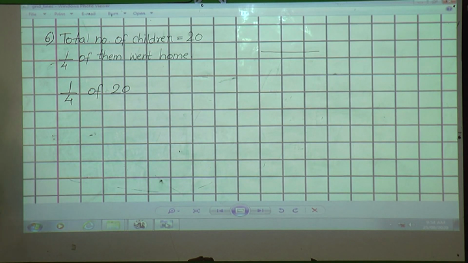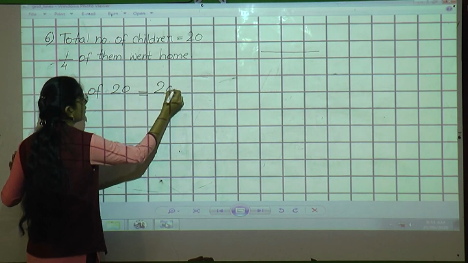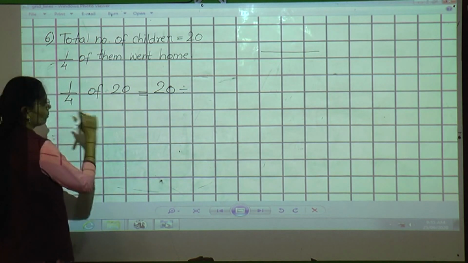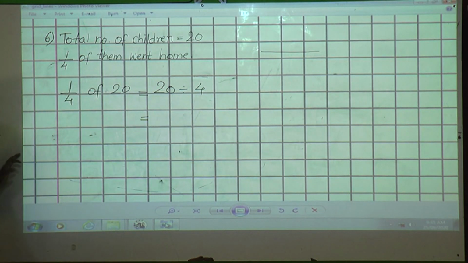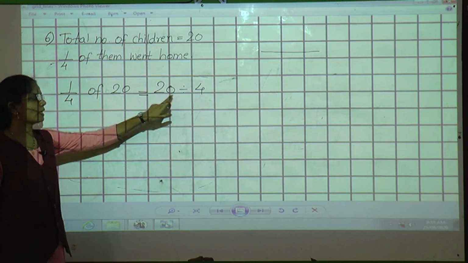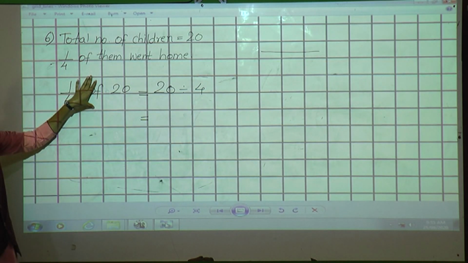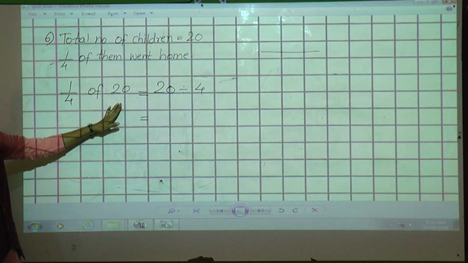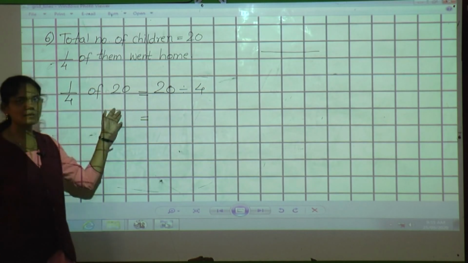Yes, correct. 1/4 of 20 is equal to 20 divided by 4. See here, 1/4 of 20 is equal to 20 by 4. You have to do. Okay? Because I have taught you how to solve this type of fractions.